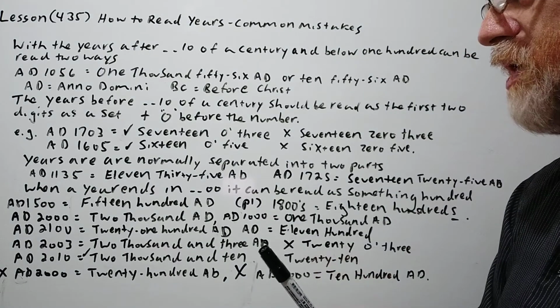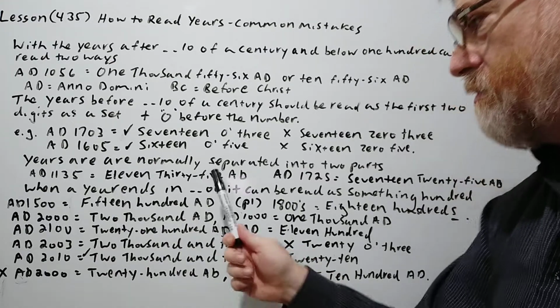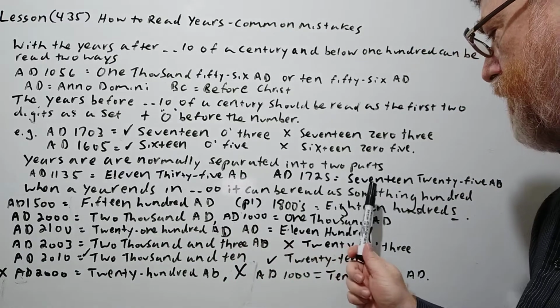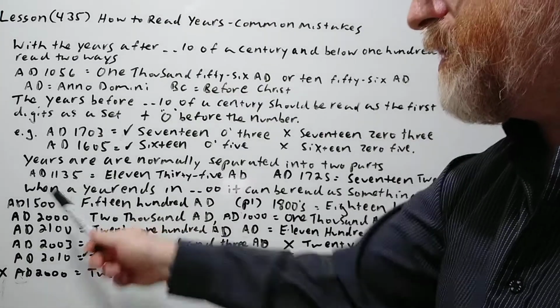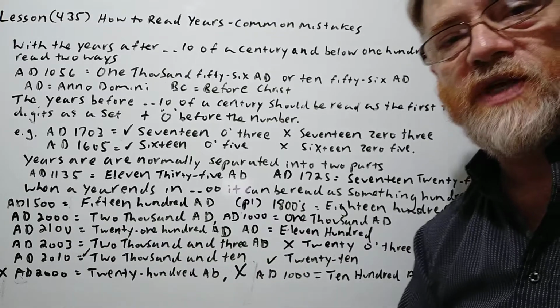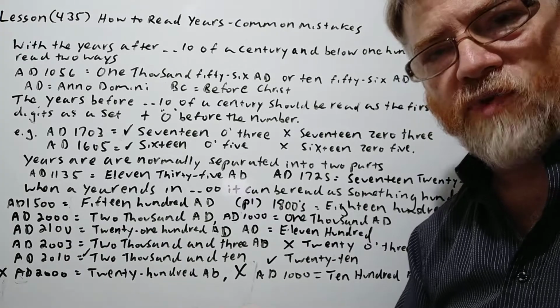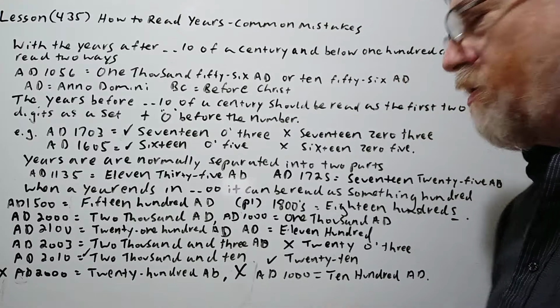Okay, good. Here, when a year ends in 00, it could be read as something hundred. Here's an example: AD 1500 would be read as fifteen hundred AD, and the same thing with fourteen hundred AD, thirteen hundred AD, eighteen hundred AD, all the same.